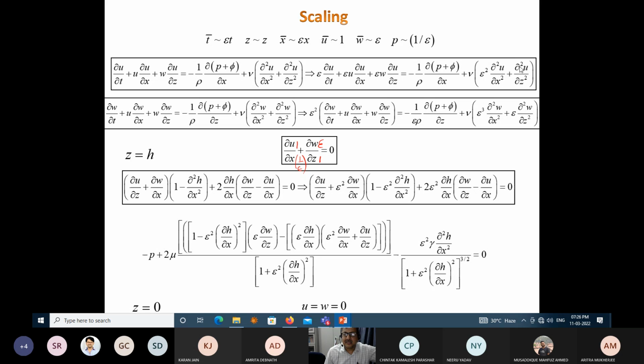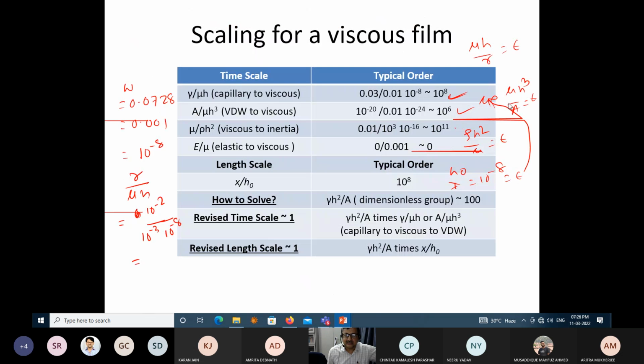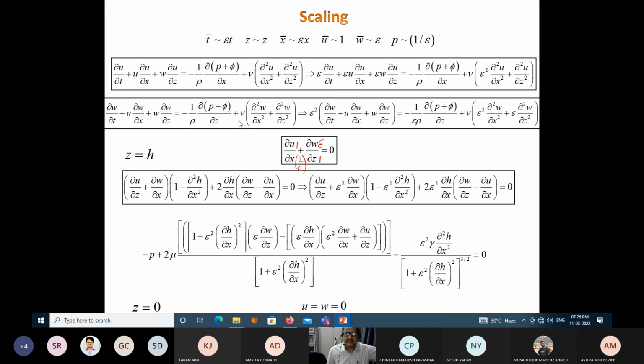In viscous, some are there, some are not there. So inertia is 0. These are not there. Only this one is there. So according to this analysis, viscous is the intermediate. Viscous is always there. It is the kinetic factor. Inertia is nowhere. Capillary and van der Waals forces are everywhere. So you will find the scaling has been done. Viscous is somewhere. Inertia is nowhere.